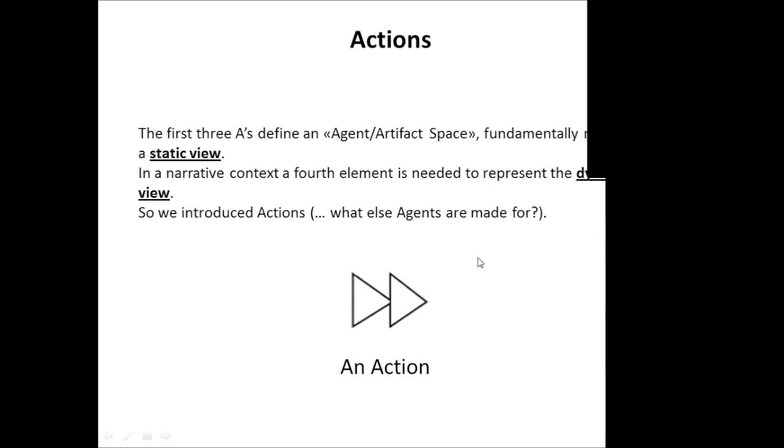So the action, that is the most important to describe a narrative, because a narrative has a dynamic, and it was a crucial point of our design to decide how we can represent the development of a narrative.